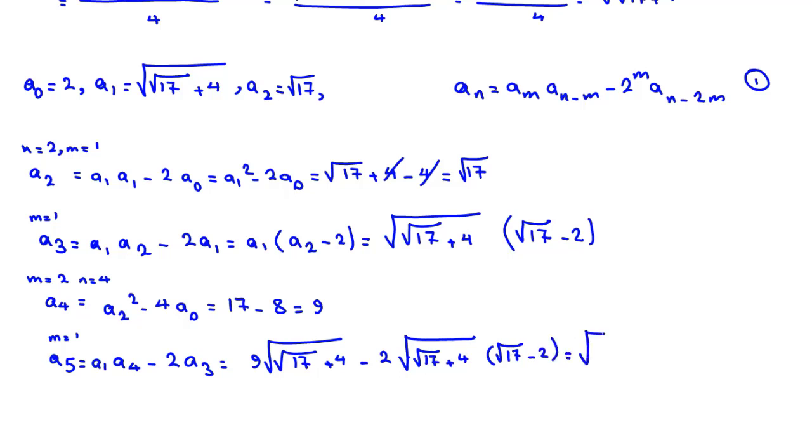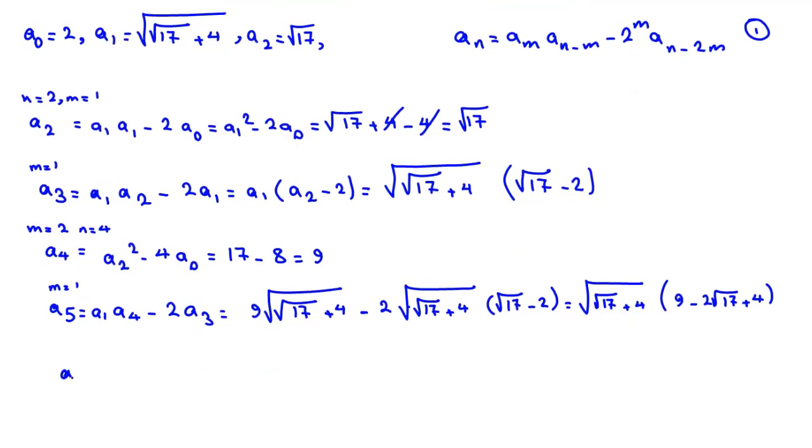Then it will be the square root of 17 plus 4. Then 9 minus 2 times (square root of 17 minus 2). Okay, so here we will conclude that A5 equals the square root of 17 plus 4 times (9 plus 4, 13 minus 2 times the square root of 17).